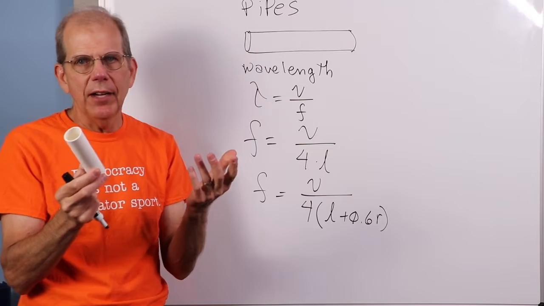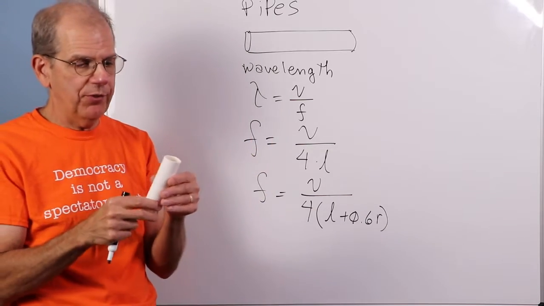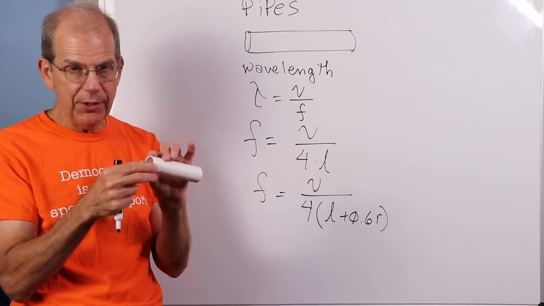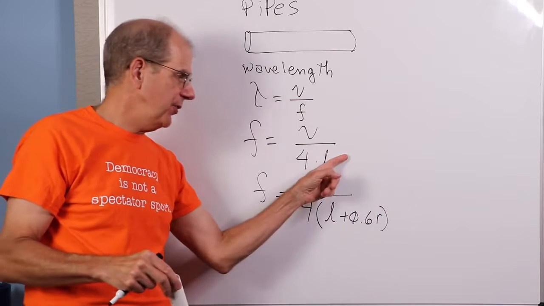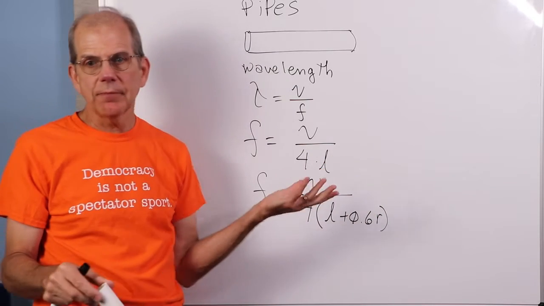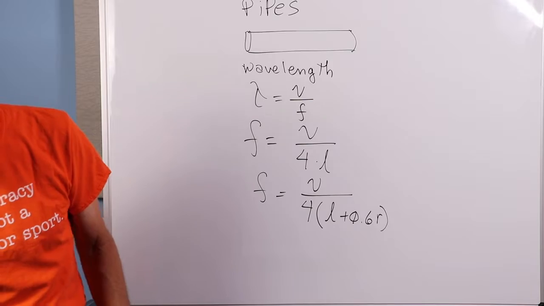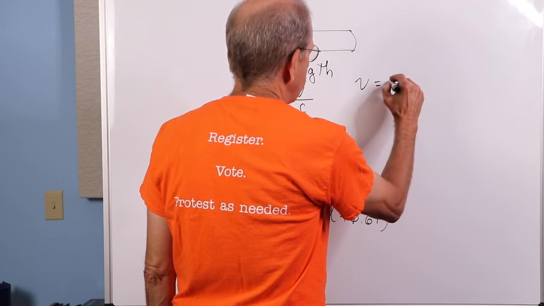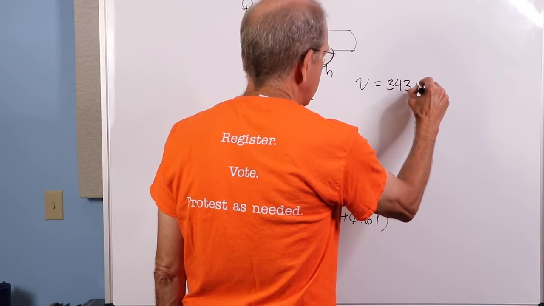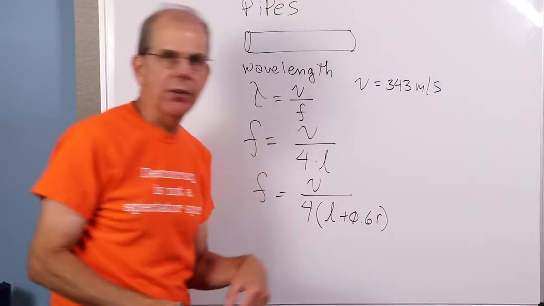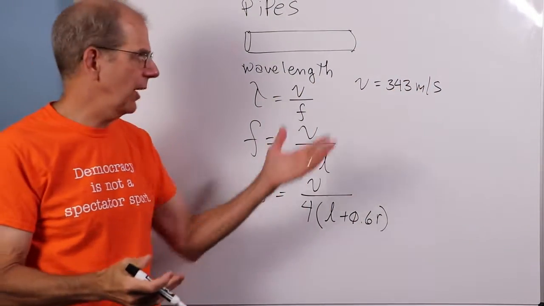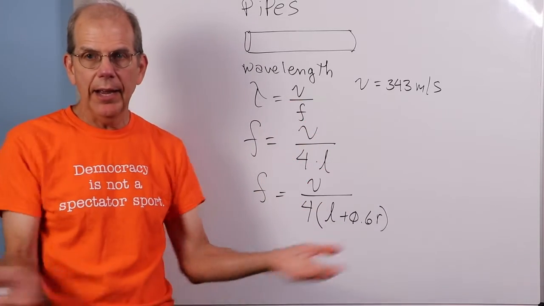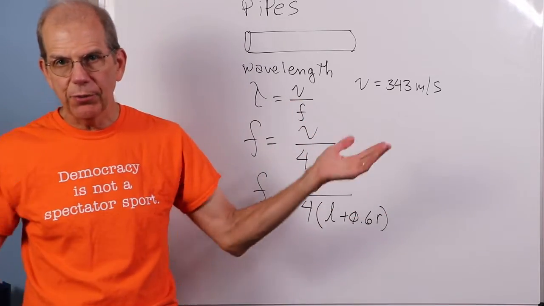So if you have a high aspect ratio pipe, in other words, something that's a lot longer than its diameter, you can just forget about this and you get back to the ideal equation. So if you're going to do this in metric form, don't forget velocity is approximately 343 meters per second if we're talking about the velocity of sound in air at sea level, standard temperature and pressure.